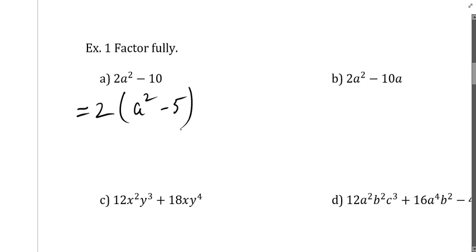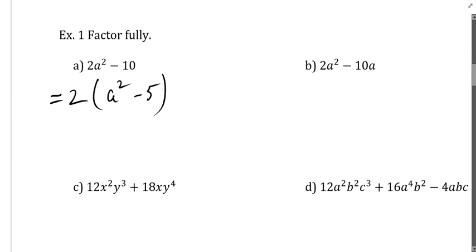Is everybody okay? Following along okay? Okay, let's try B. What's different about B? The 10 has an A in it. See if you can find the GCF while I answer the phone.